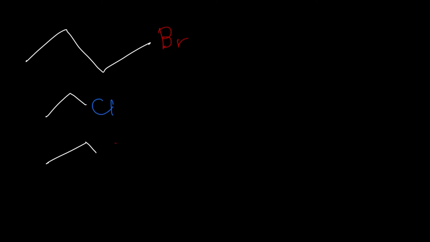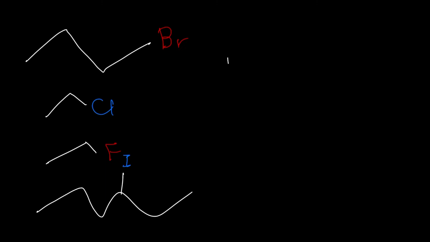So now if you have any hydrocarbon chain that is going to be attached to halogens, you have what's called a haloalkane.